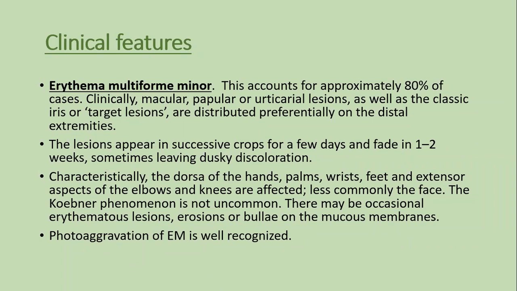So remember that like chickenpox, EM lesions occur in crops. Sites I mentioned: the dorsum of hand, palm, wrist, feet, extensor aspect of elbow and knee, less commonly the face. Koebner phenomenon is also seen. Photoaggravation is also seen.